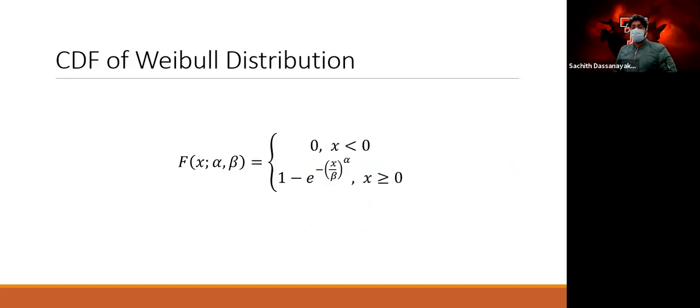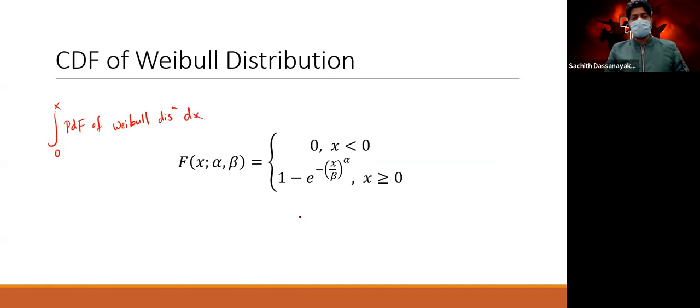Okay, the CDF of the Weibull distribution is this. Again, you can find the CDF by integrating the PDF of the Weibull distribution from 0 to x, dx. So clearly you can find this, but you don't need to find it actually, it's given here.